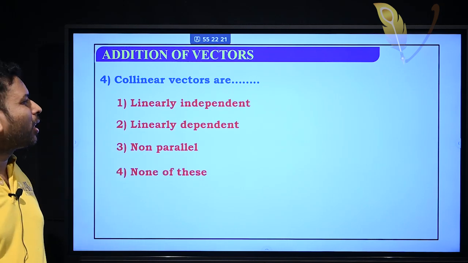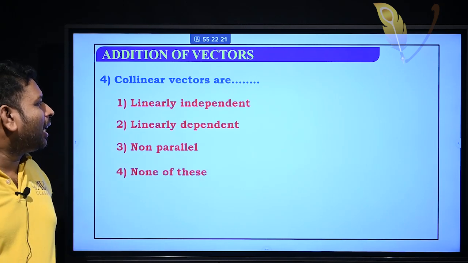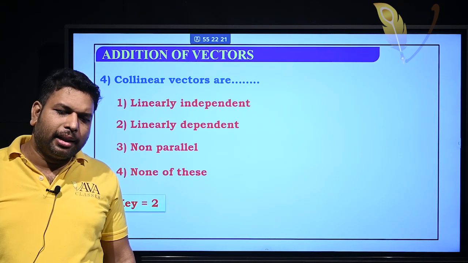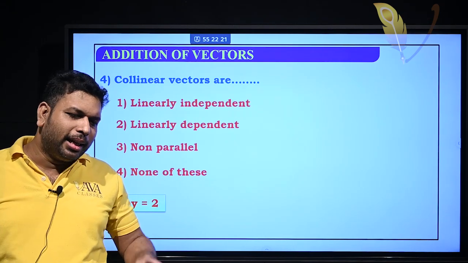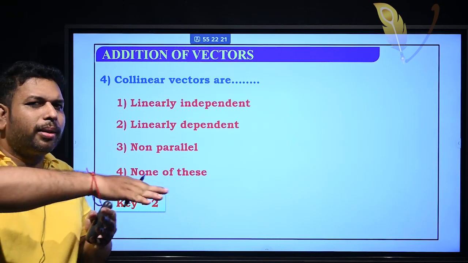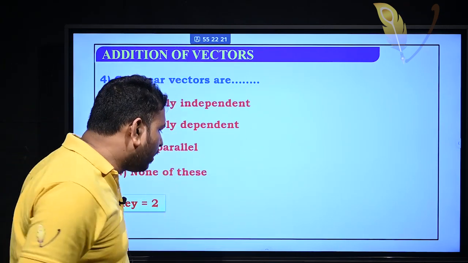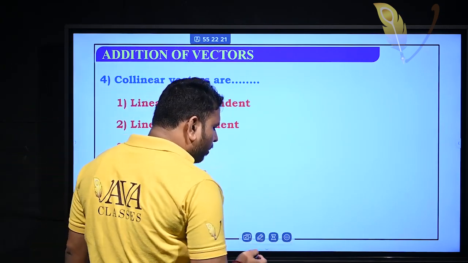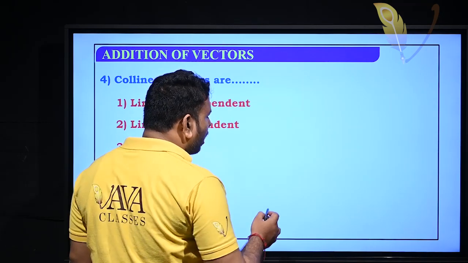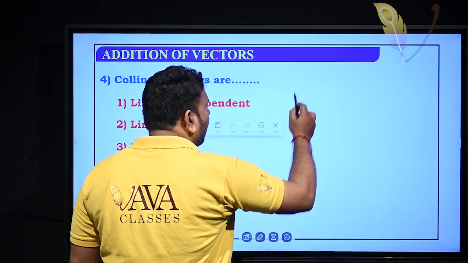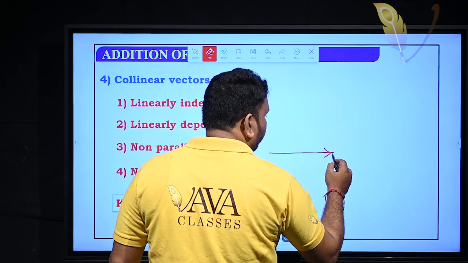If vectors are collinear, then they are linearly dependent. Since the vectors are collinear, they lie in one line.